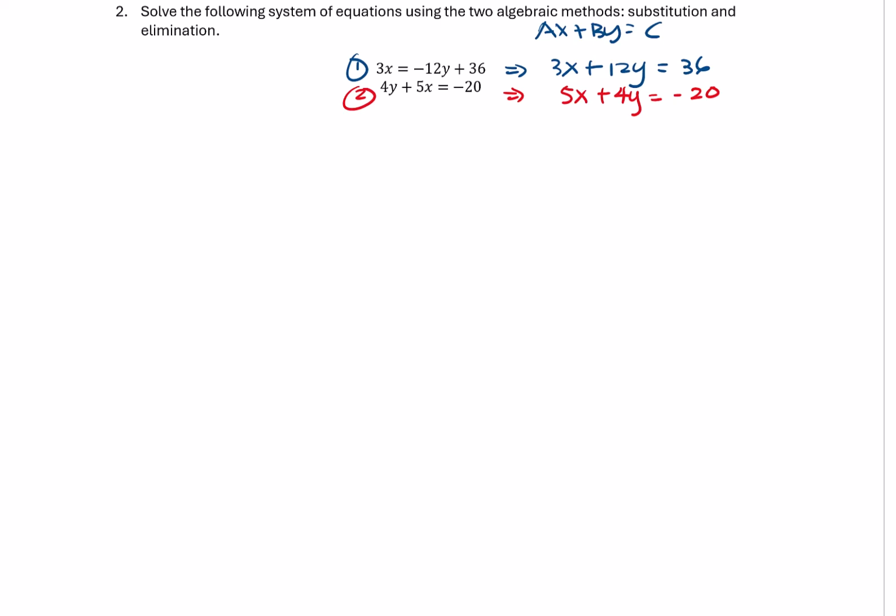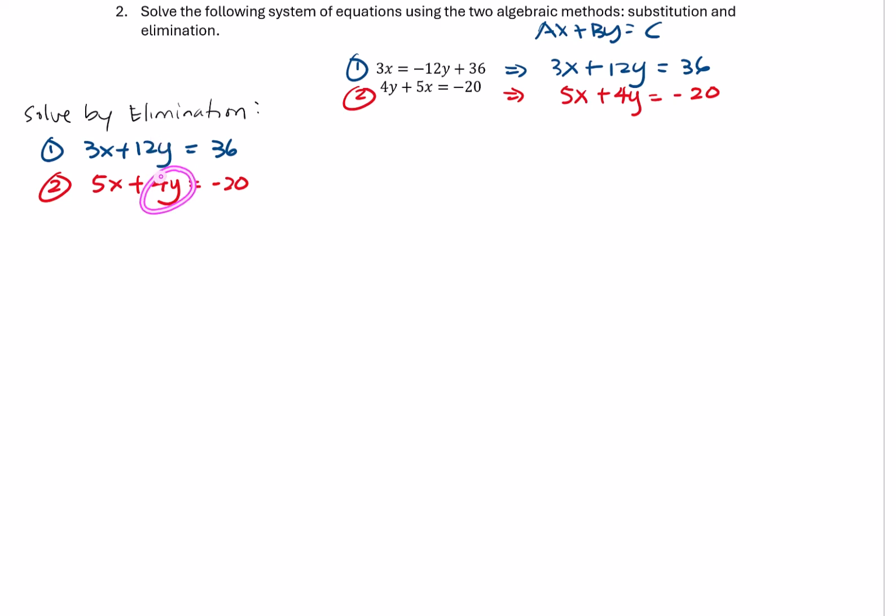Okay, so let's label our work here. Let's first solve by elimination. Our first step would be to copy our equations again, equation 1 and equation 2. Like we said earlier, we will make this 4 become 12, so that when we subtract, we can eliminate the y variable.